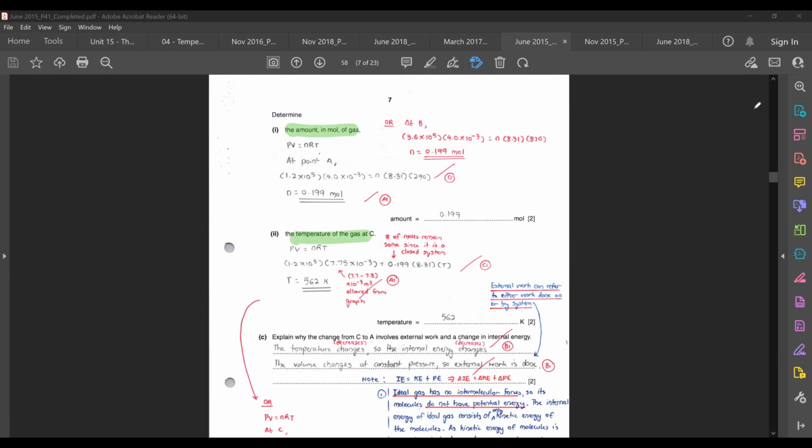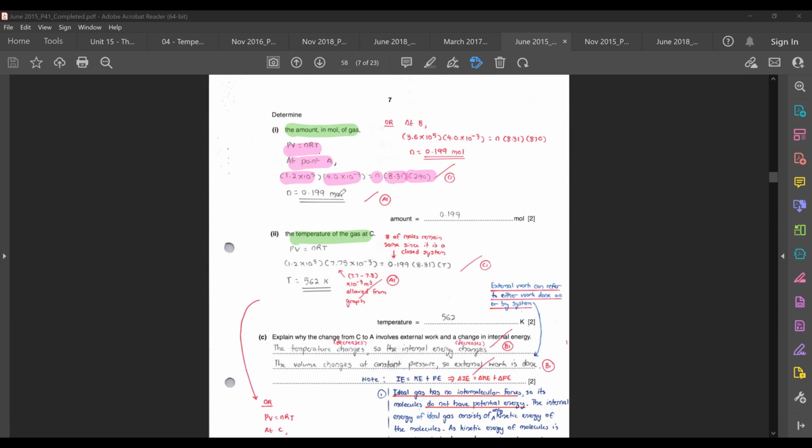Okay, so this one again may not be directly related to your current chapter. This one requires you to know a bit about ideal gas. So to find out the amount of mole of gas, you again use PV equals nRT applied for point A. Find out the pressure, the volume, equate it to nRT.